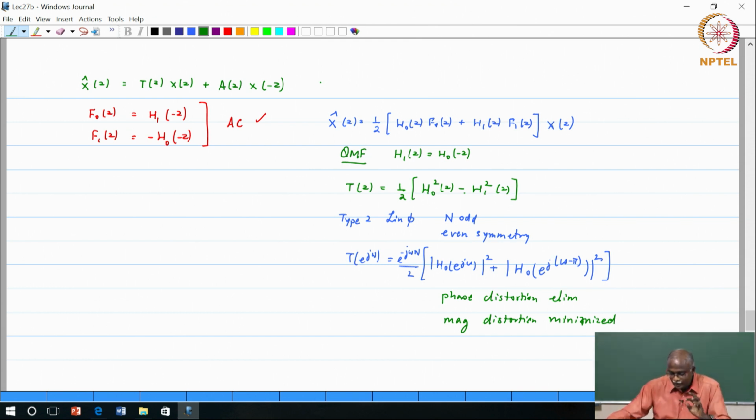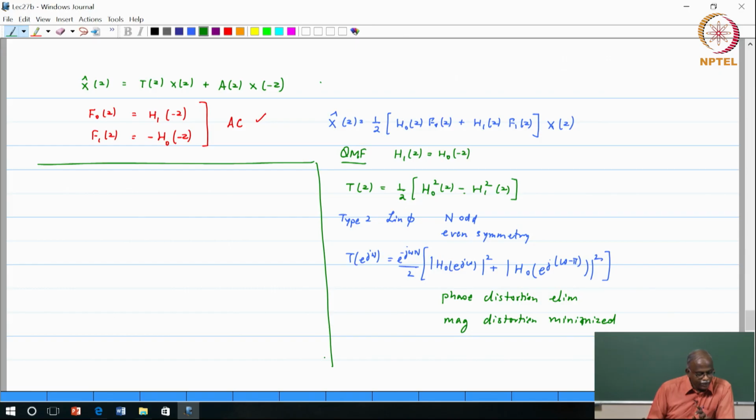So, here is where a very interesting alternate approach is emerging. Suppose H naught and H1 were a power complementary pair, that is what we want, right? Suppose H naught of z and H1 of z are a power complementary pair.